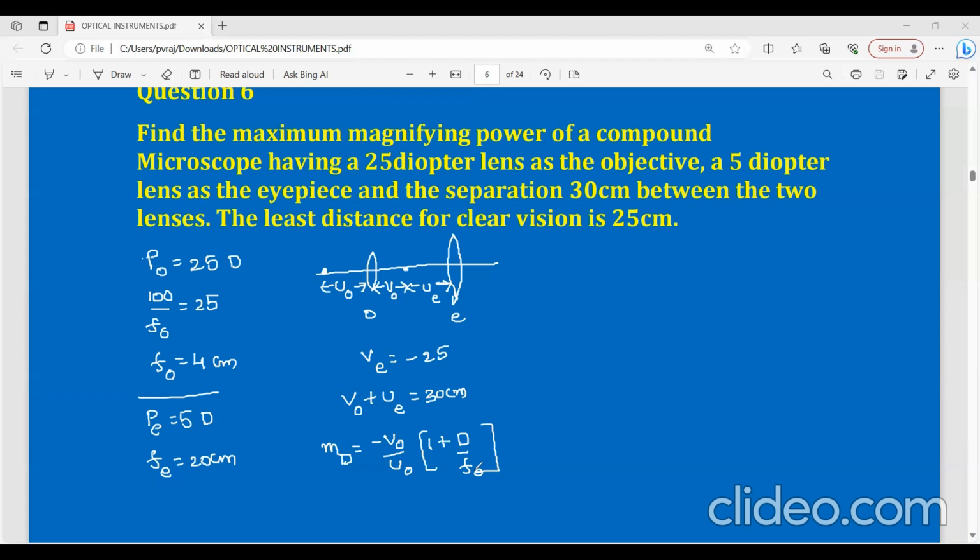But now you have to calculate. First of all, for the objective lens only, I will use the general equation. For the objective lens, which formula can I use?